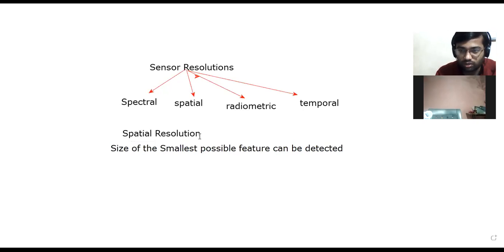Then you can match it with the photo imagery scale. Such detail is also possible if you are taking your photograph or aerial photograph with the help of spatial resolution.